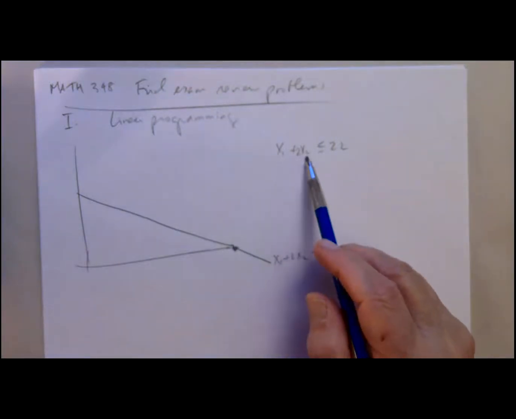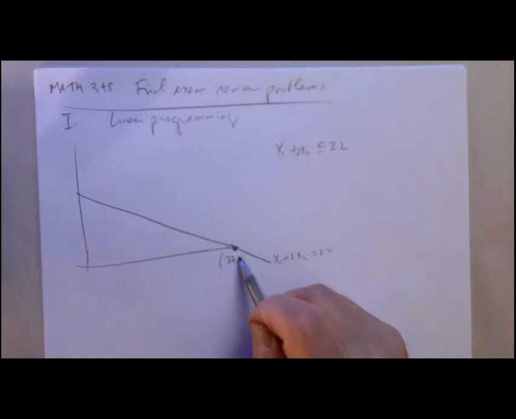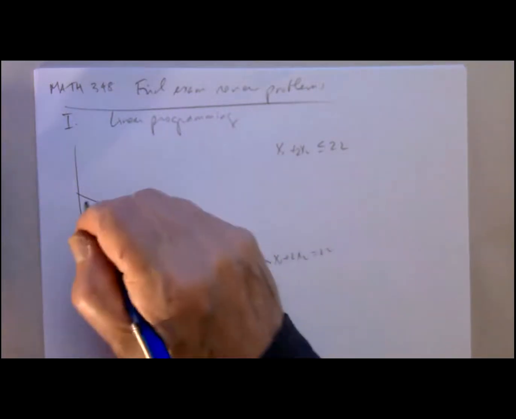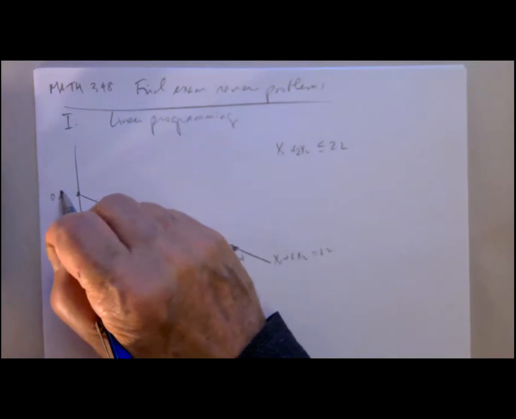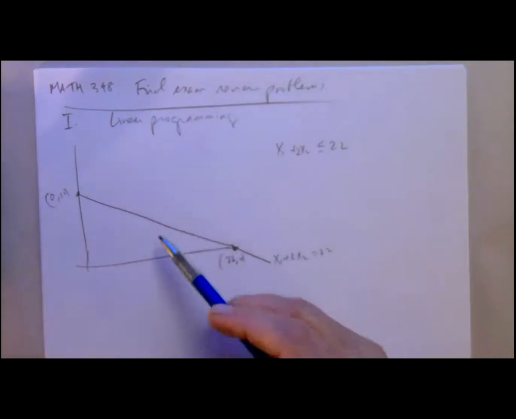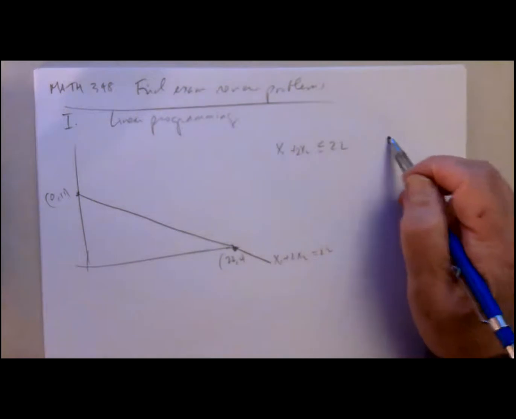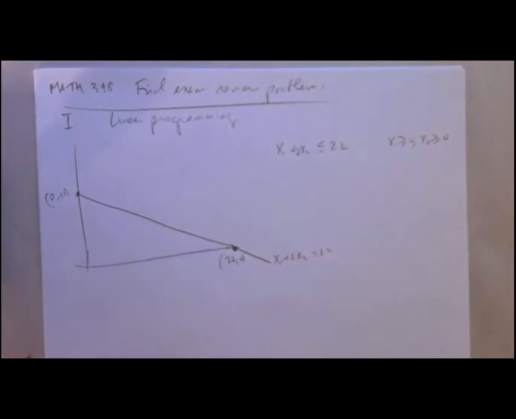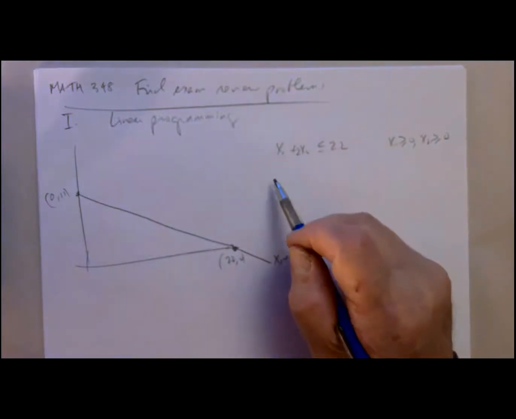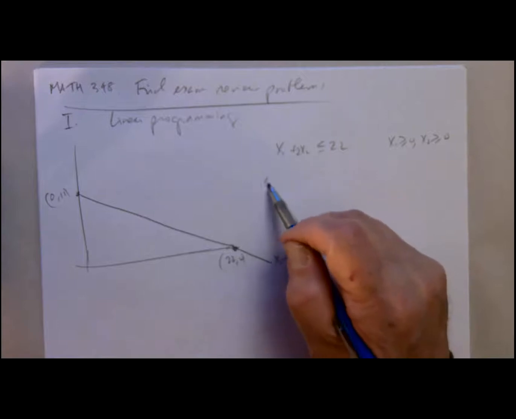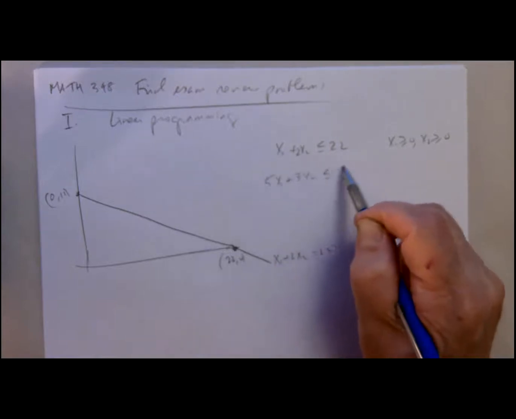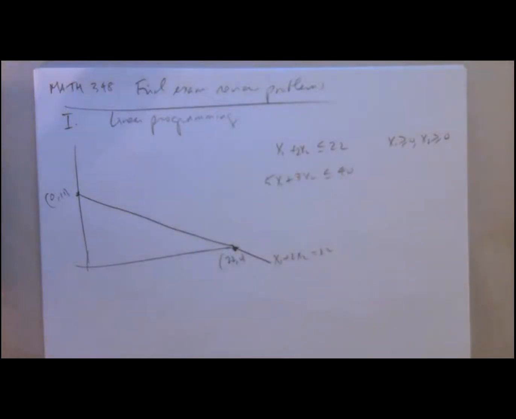When x2 is 0, this is (22, 0). When x1 is 0, this is (0, 11). And of course, we always have the non-negativity condition, so we're only looking at points in the first quadrant.